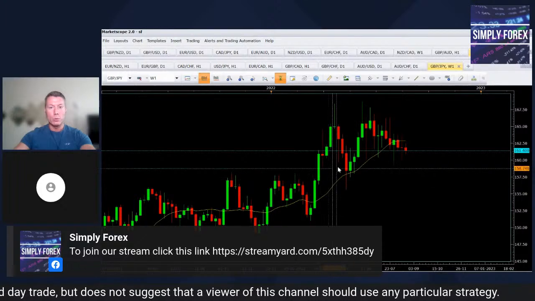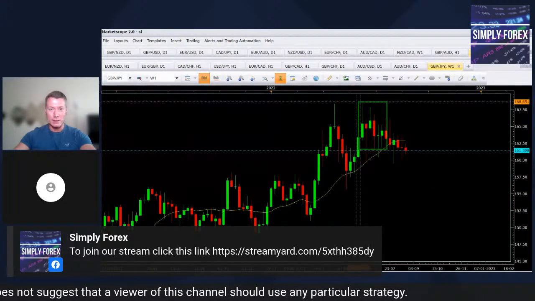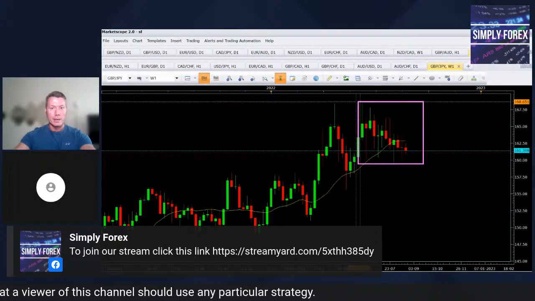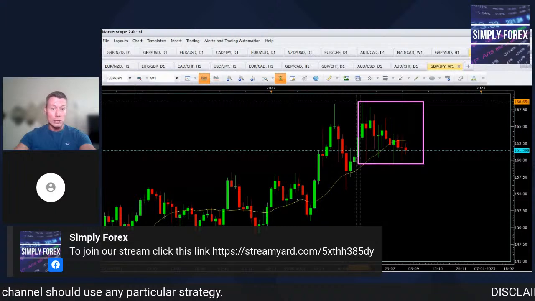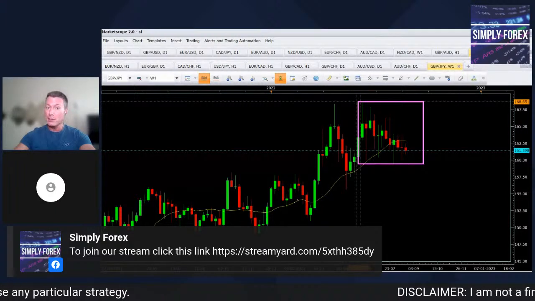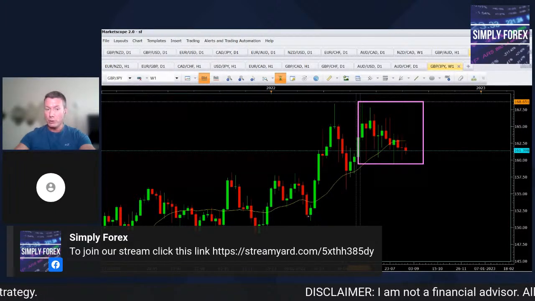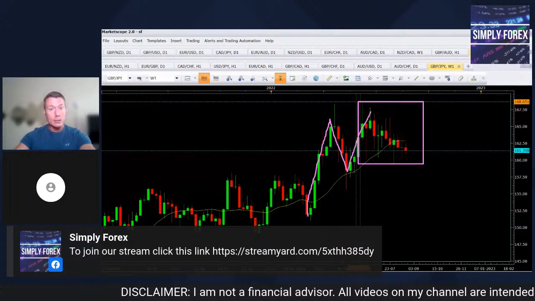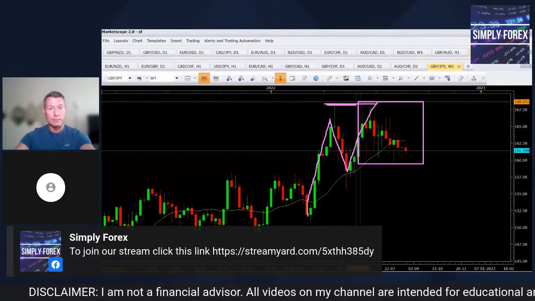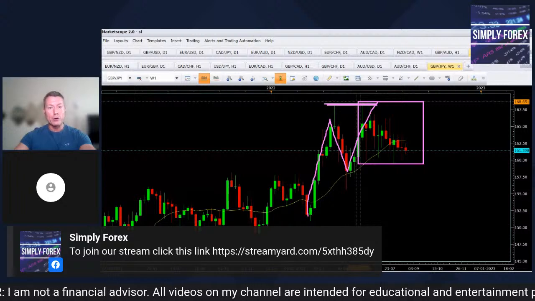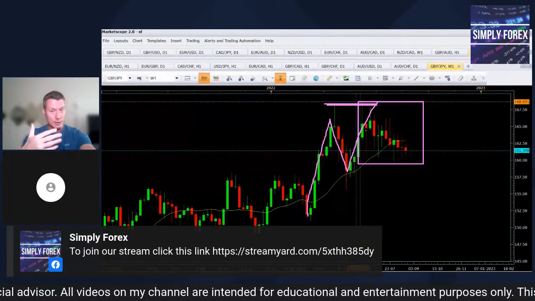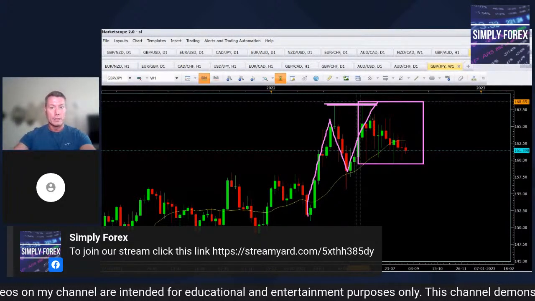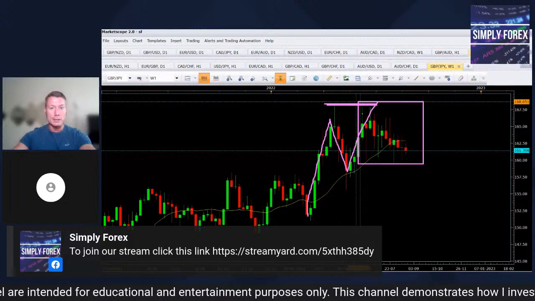It's telling me uptrend, but there's a lot of indecision. We've got higher highs and higher lows, but it hasn't created a new higher high. Technically it's still in an uptrend, but we've just got loads of indecision. Look at this.